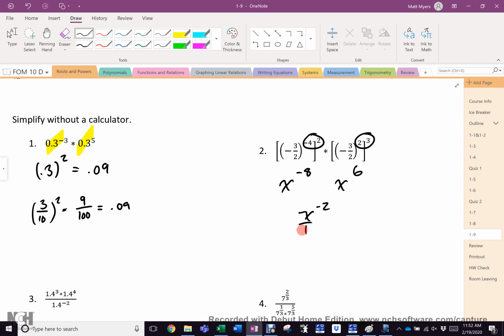Now there's a proper math word for it, which is reciprocate. Well, we know that that negative exponent is going to reciprocate our base, don't we? What's our base? It's not x. What is it? Negative 3 over 2. How does that reciprocate? It becomes negative 2 over 3, and that becomes a positive exponent.